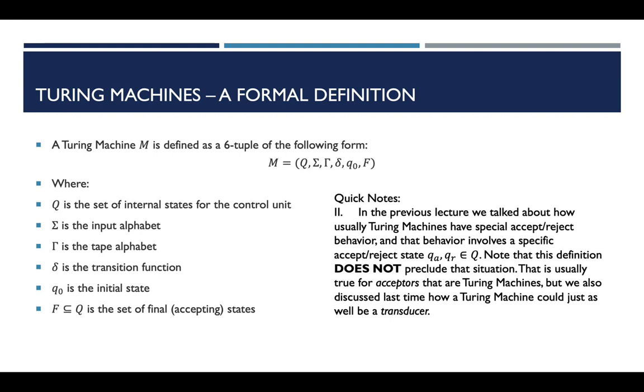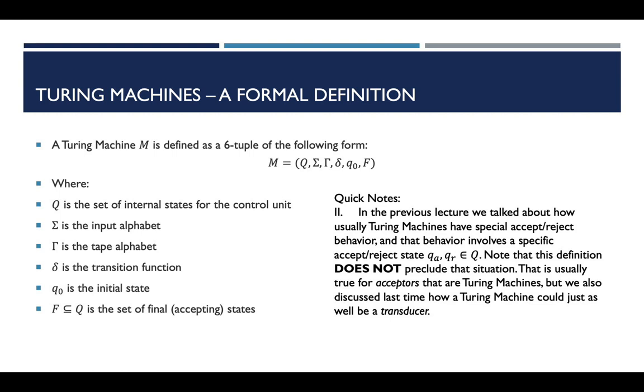What this definition is letting us do is generalize the idea of a Turing machine to the point that we can have either a Turing machine that is an acceptor or a Turing machine that is a transducer, and both of those types have the same mathematical definition. So I can have a set F of accepting states inside of Q. Previously, we were effectively saying that there is an F that has exactly one element, and that one element is the accepting state.